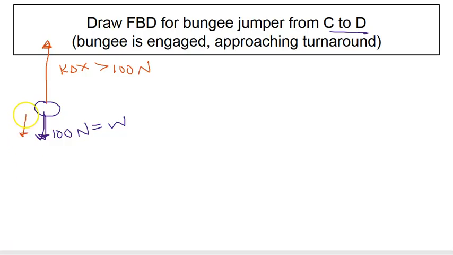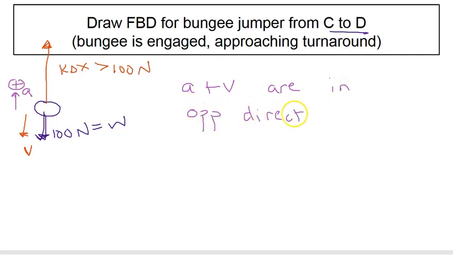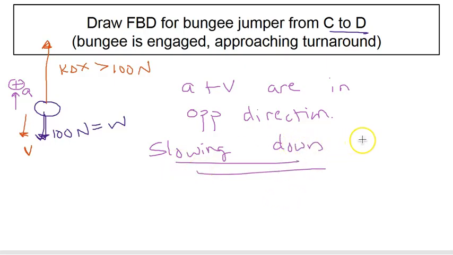We were making the velocity vector orange. Still headed down, but now the up force is bigger than the down force. So now my acceleration vector is pointing up. So A and V are now in opposite directions, which means that the bungee jumper is slowing down.